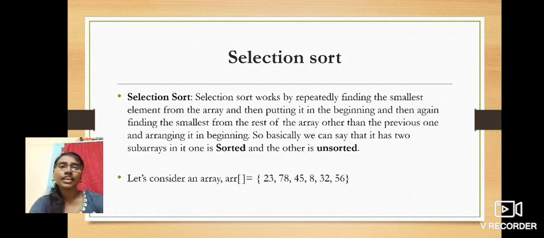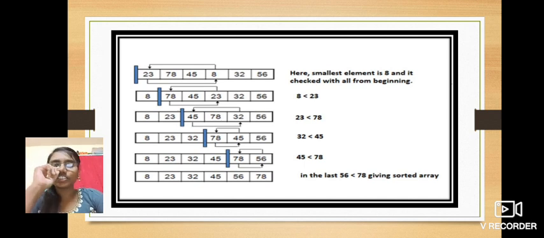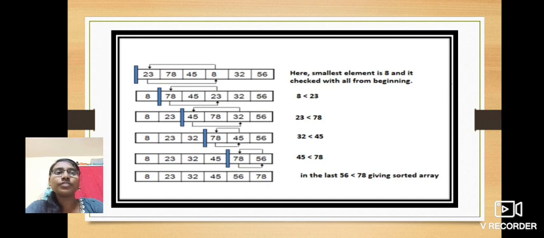Let's consider an array that is 23 78 45 8 32 56. Now comes the sorting. There is an unsorted array 23 78 45 8 32 56. Here the smallest element is 8 and it's checked with all from the beginning. 8 is less than 23, so it can be swapped. 23 is less than 78, 32 is less than 45, 45 is less than 78, and in the last 56, 78.